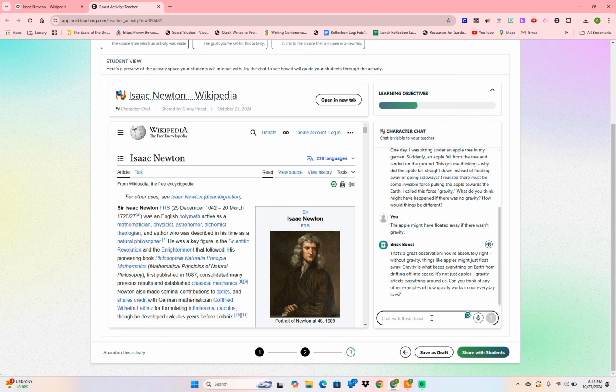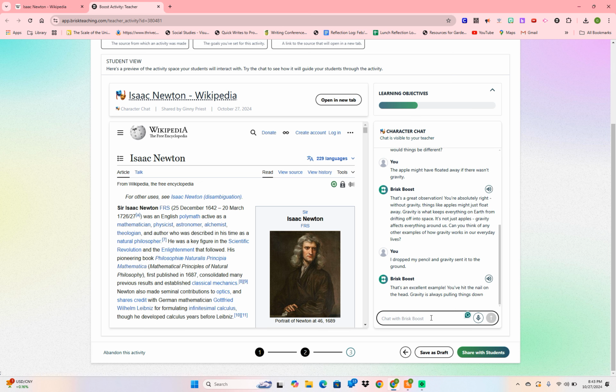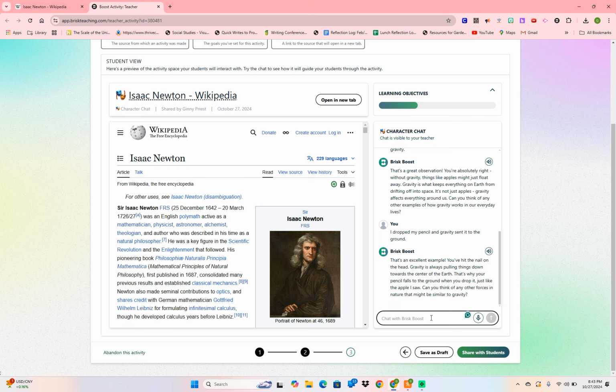It's asking me about other examples of gravity. I dropped my pencil and gravity sent it down. I'm going to see if I ask it about when he was born.